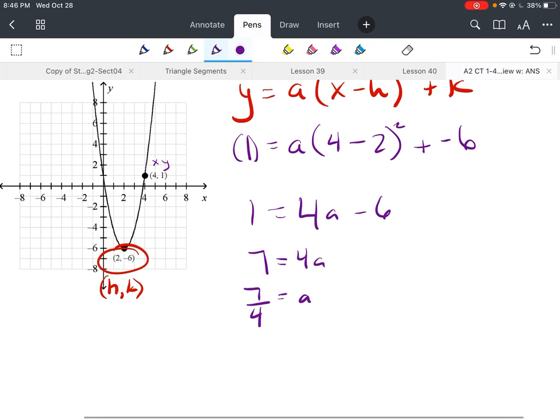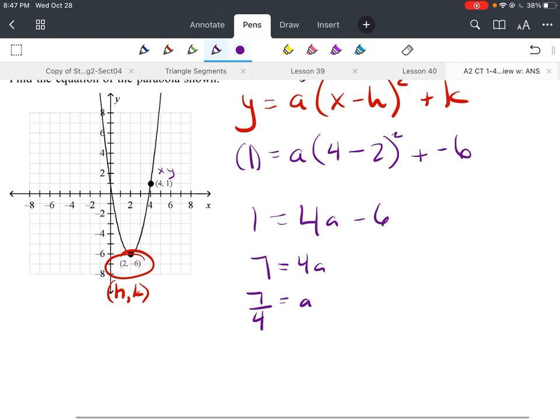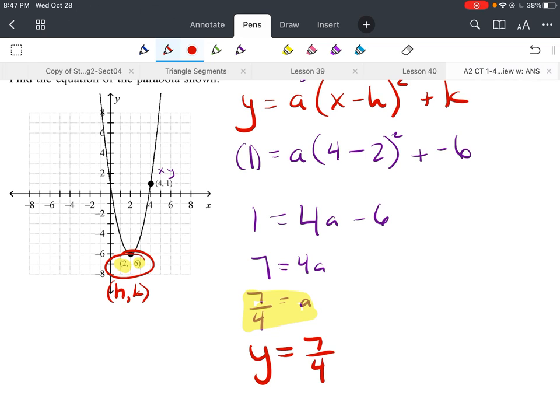So the moral of the story: keep everything except the y and the x. Just write it as an equation here. I've got my h and my k from here, so just leave all those things in there and write the equation as it would be. So y equals 7/4 times x minus h. Just leave x in there, just like you would do with y equals mx plus b.